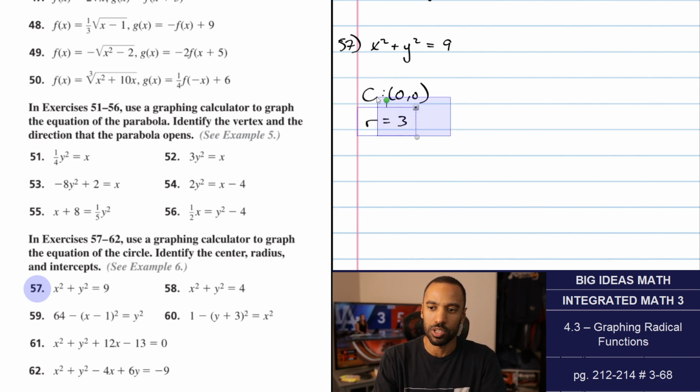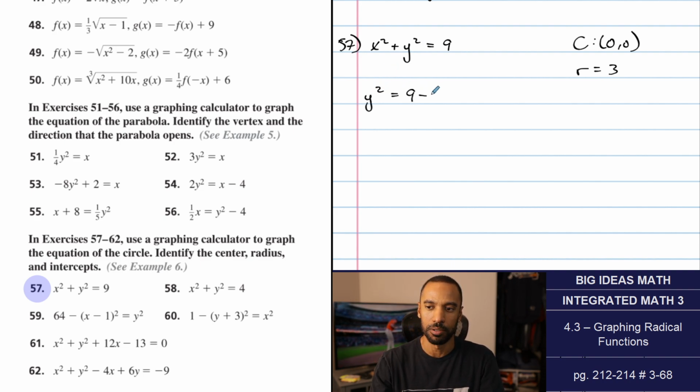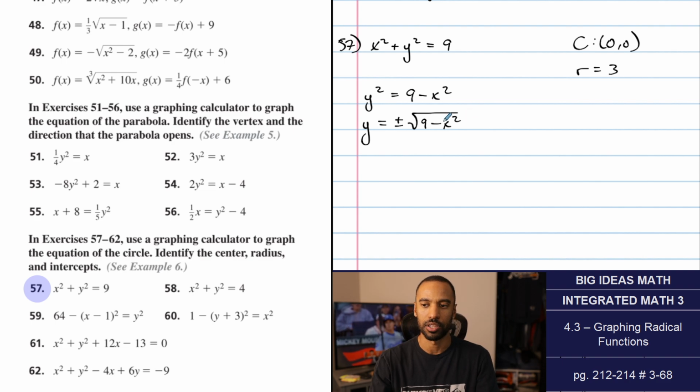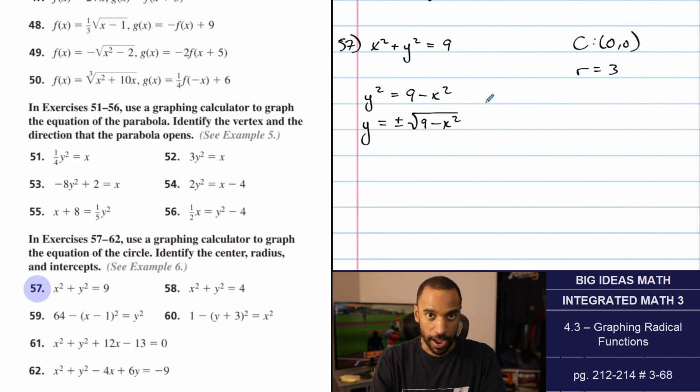But we're going to do this based off the graphing calculator, and in order to do that, we still have to get y by itself. So we're going to subtract x squared, and we're going to take the square root of both sides. So y is plus or minus square root of 9 minus x squared. So you have two equations here, and do not try and simplify that. You're fine the way it is. Positive square root of 9 minus x squared and negative square root of 9 minus x squared are your two equations. So we'll go into here.